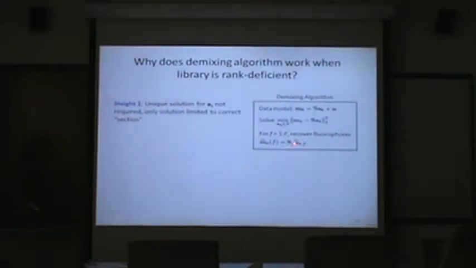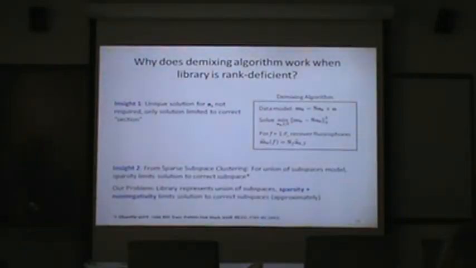So the only thing that we need is to have that solution limited to the correct section of the vector, so that then I can reconstruct it using this third step. I don't need a unique solution for AK.